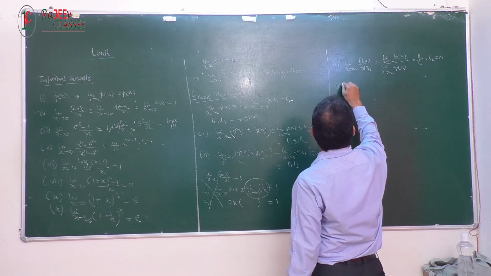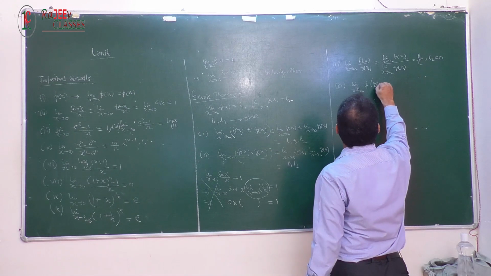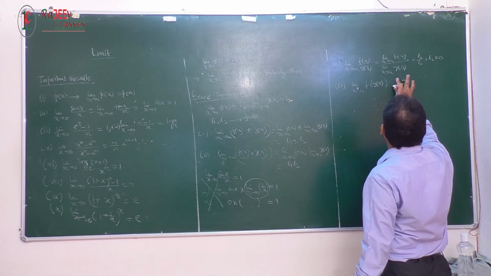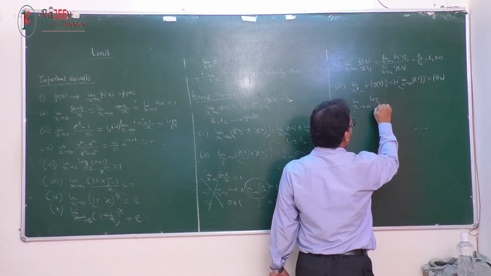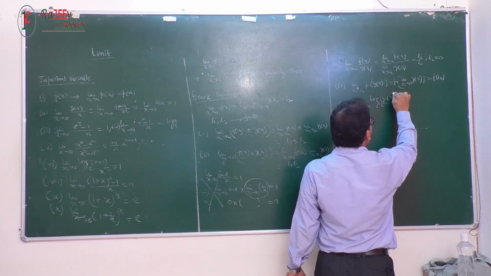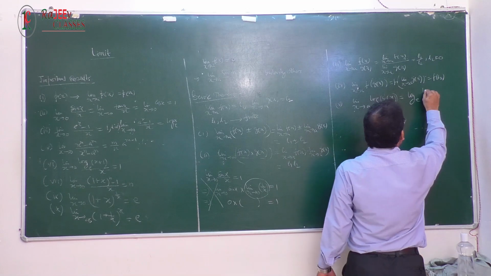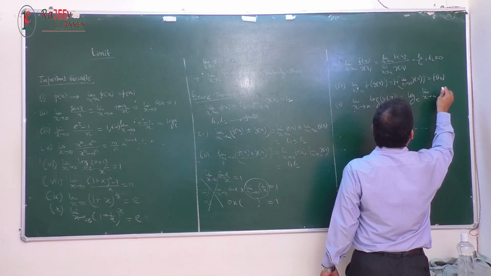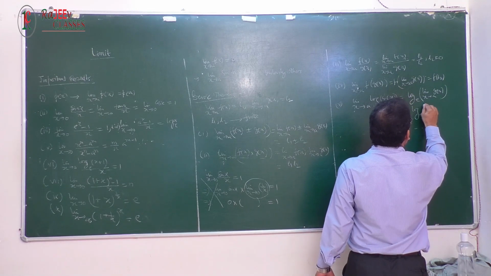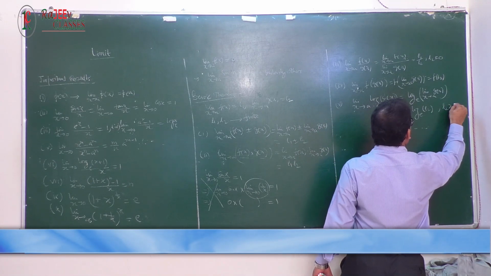Number 4: the limit as x tends to a of log of f(x) or log of g(x) is the same as log of the limit as x tends to a of g(x), which is equal to log of l2, where l2 should be positive.